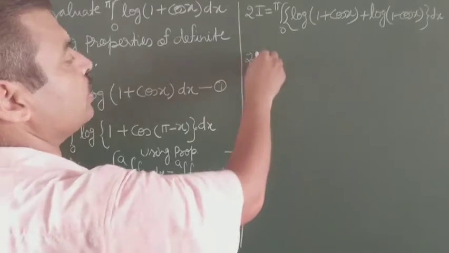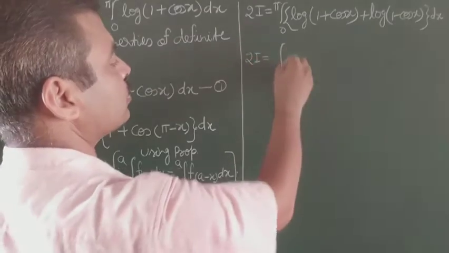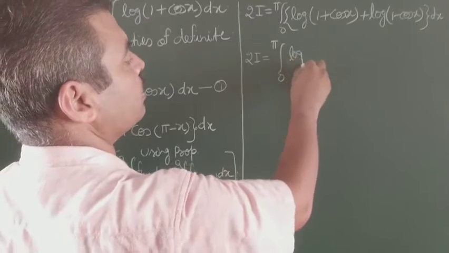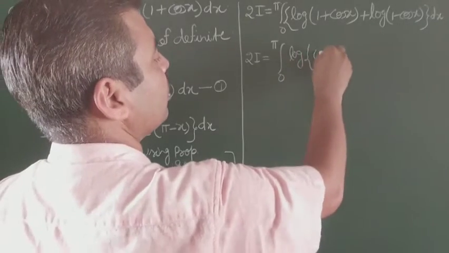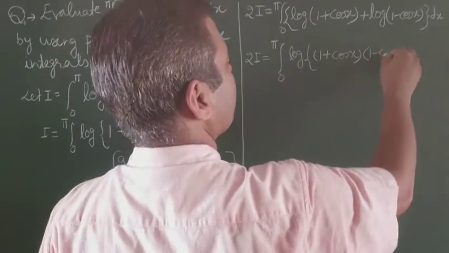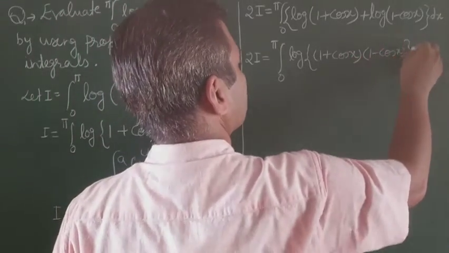So 2I equals the integral from 0 to pi. Let us take log common, so it will become log of (1 plus cos x)(1 minus cos x).